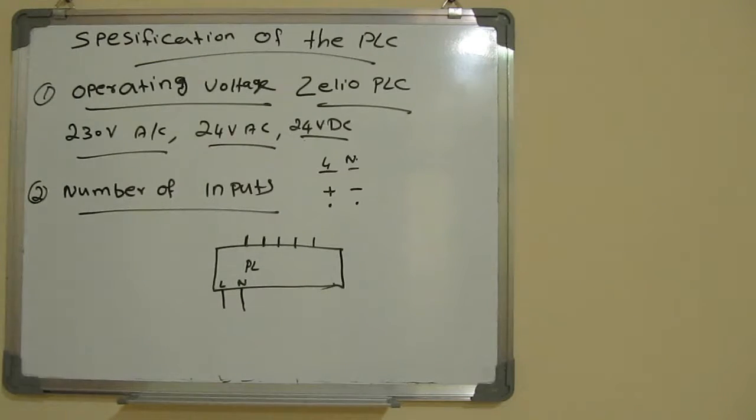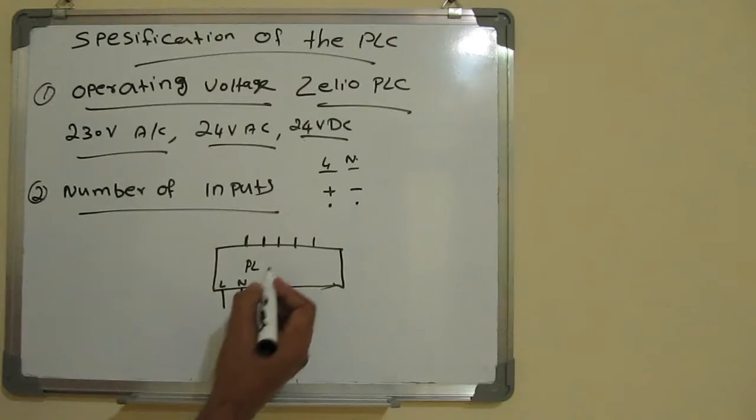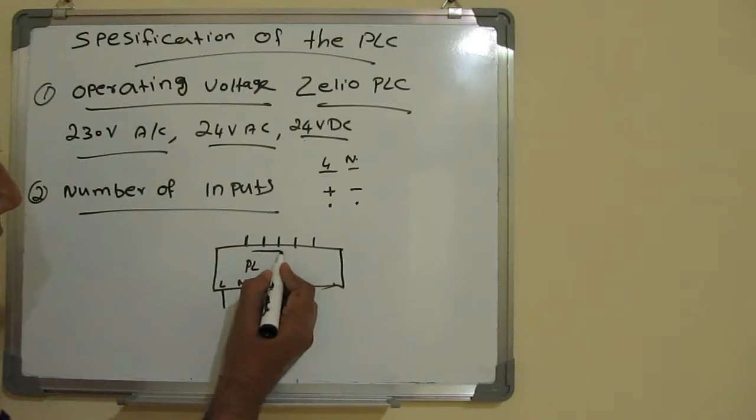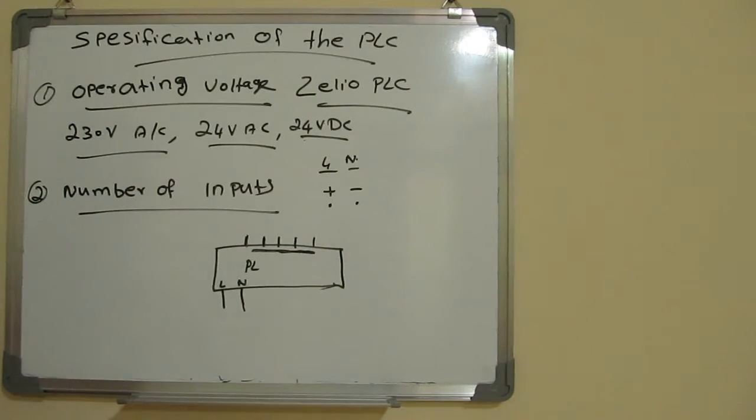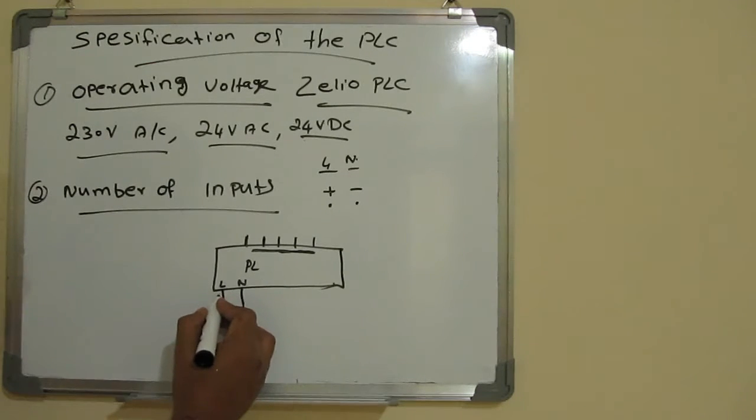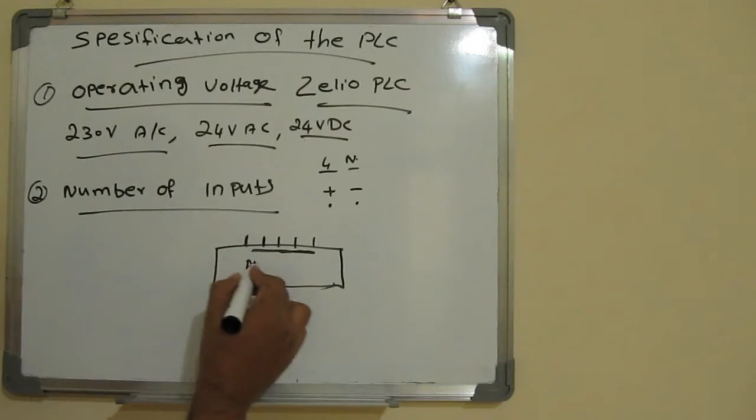Suppose we need 10 inputs to connect various input devices, then we have to select a PLC with 10 inputs and outputs. Some standard input-output counts are 6, 12, 18, 24 and so on. We have to select according to the number of inputs we require. According to the auxiliary supply voltage and the number of inputs, the part number will vary, which we will show in the software section. Next I will explain the outputs.